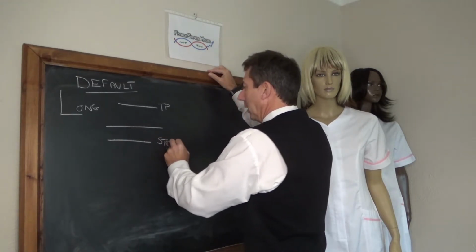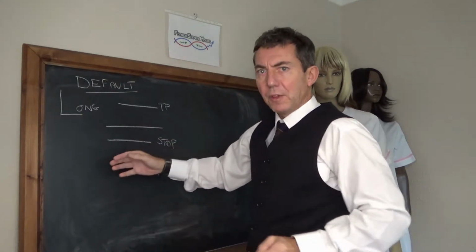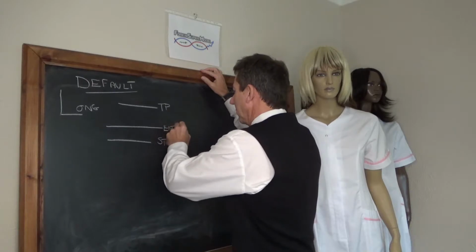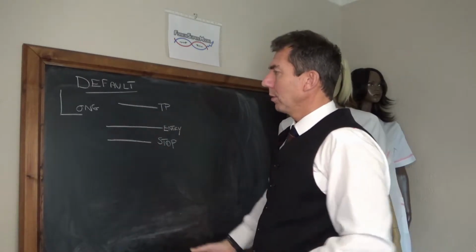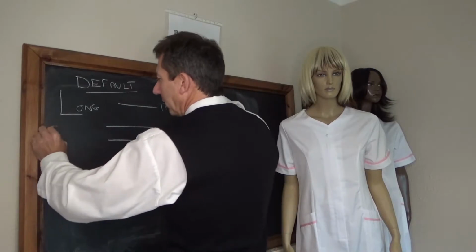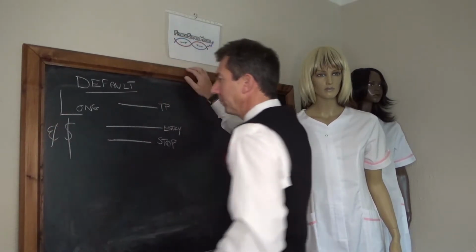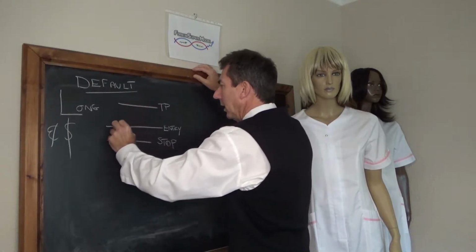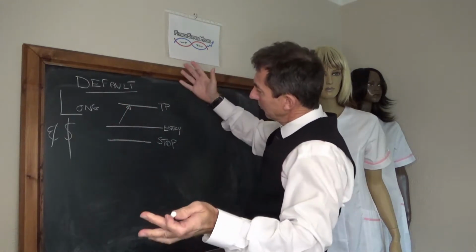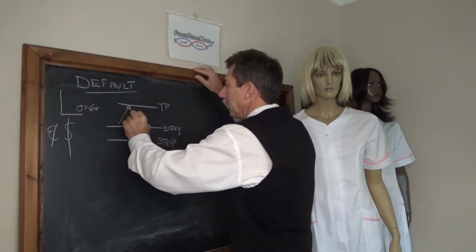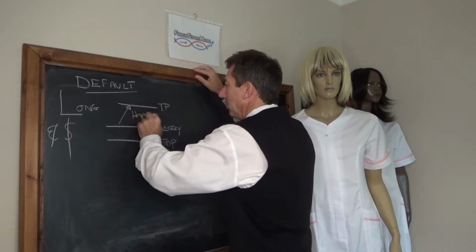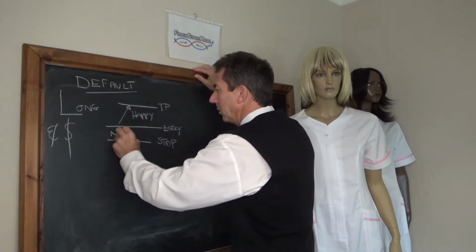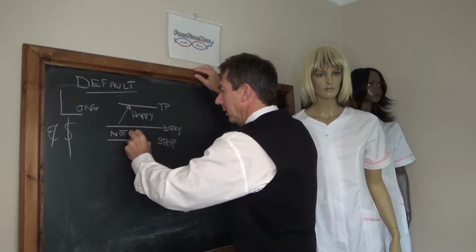Now, if the market, after we've entered, if the market starts to go our way, remember we're long, we want it to go up. Let's suppose we're talking about the euro dollar. Why not? So we've entered, it goes up, and it hits our take profit, we're happy. So this is, as we said, the happy zone. And if it goes down when we're long, we're not happy.